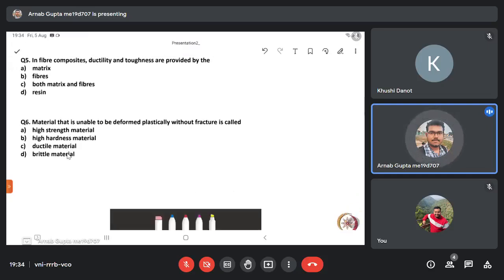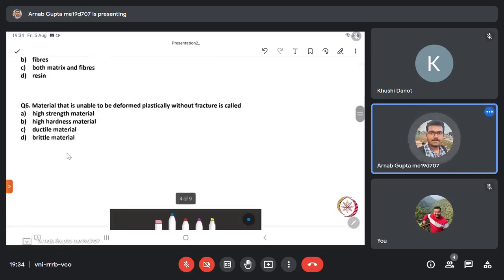Okay, so the next question. In fiber composites, ductility and toughness is provided by which material? Not material, I would say, but what is a composite, and what are fiber composites rather? So, in fiber composites, what is happening?